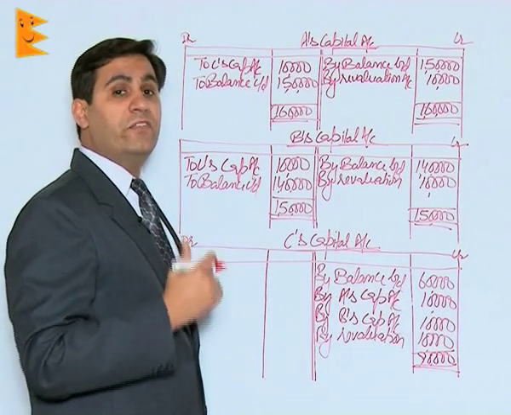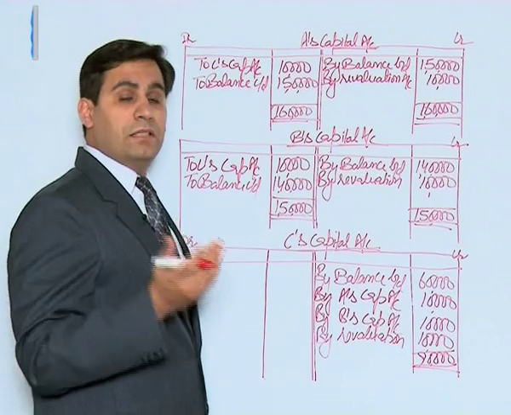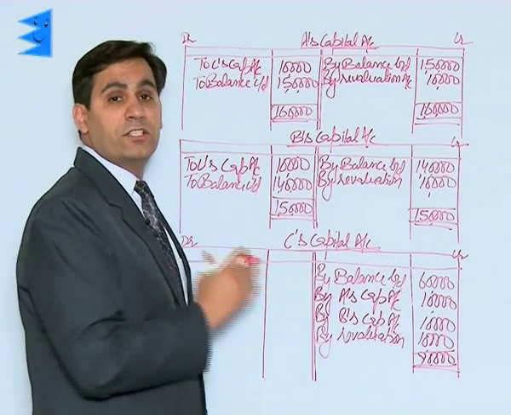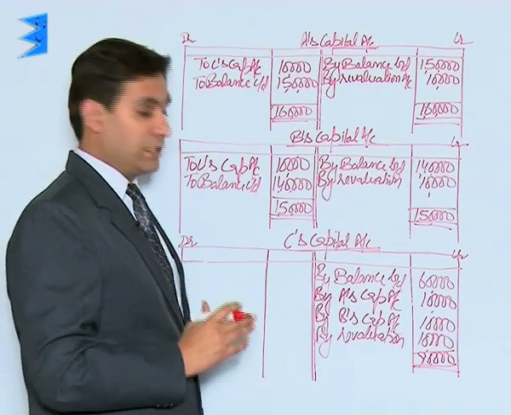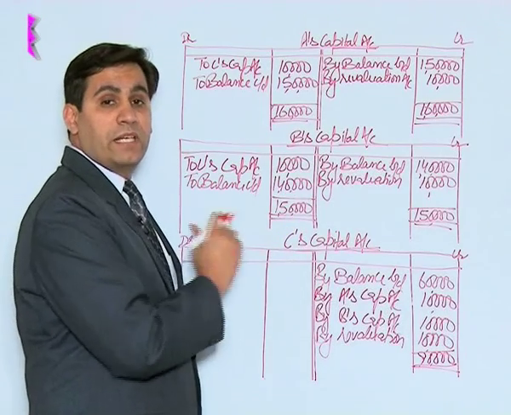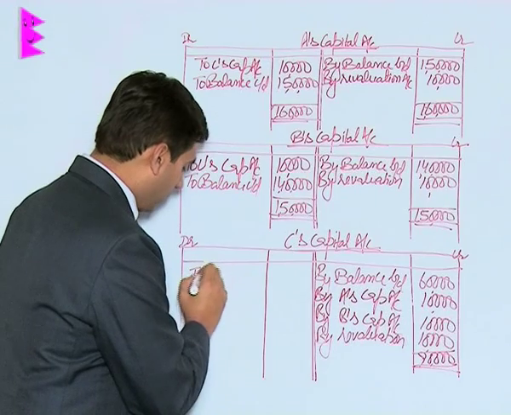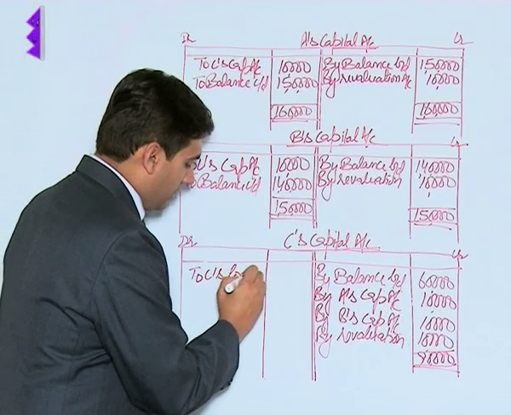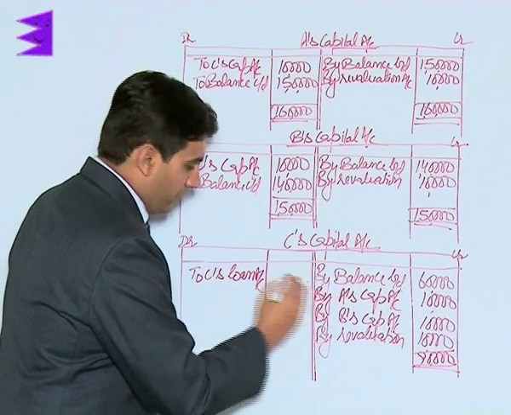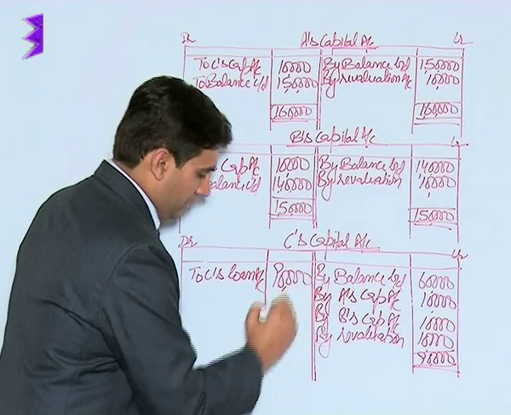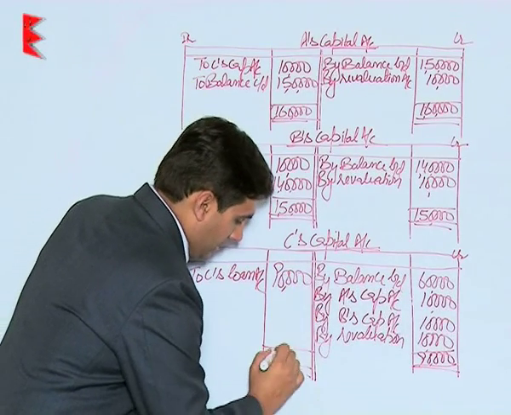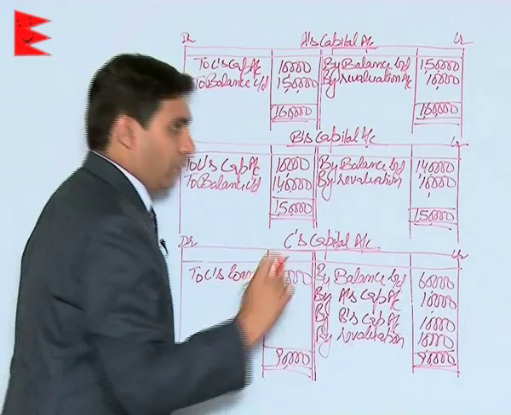And for that matter, if in any other question it is not mentioned that it is to be paid, you must transfer the total balance of the retiring partner to his loan account. So we'll close this account by transferring it to C's loan account, which would be 90,000, and it would total out.